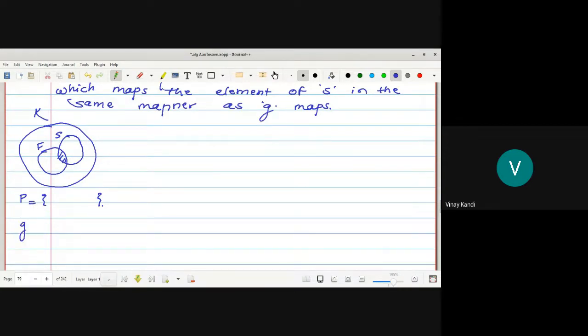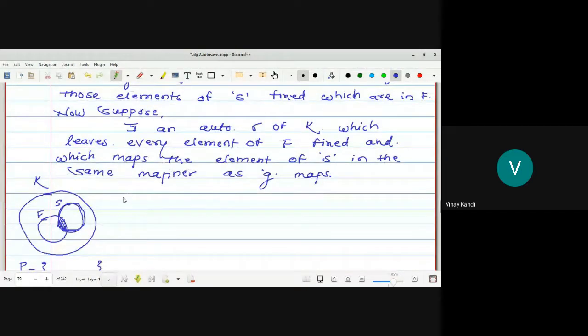G is a permutation on this set S which leaves every element of F fixed. Now check, sigma belongs to what? G(K/F). If sigma belongs to G(K/F), it means every element of F is also fixed. This sigma, every element of F is fixed by the definition of G(K/F).